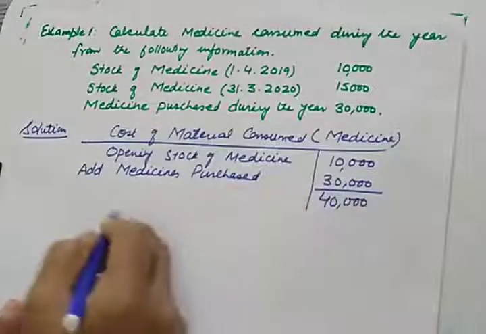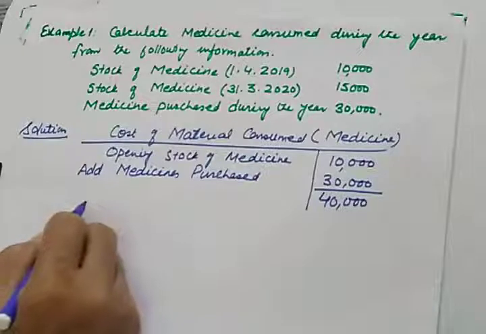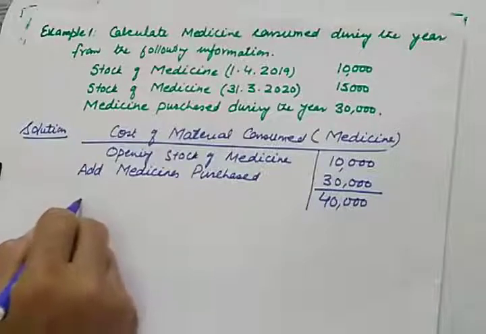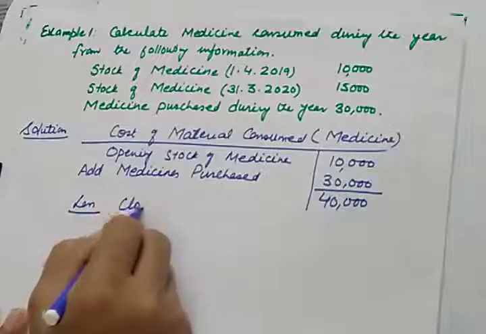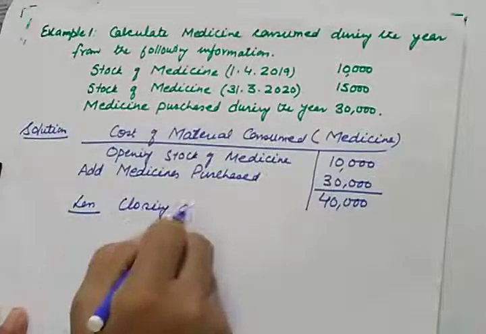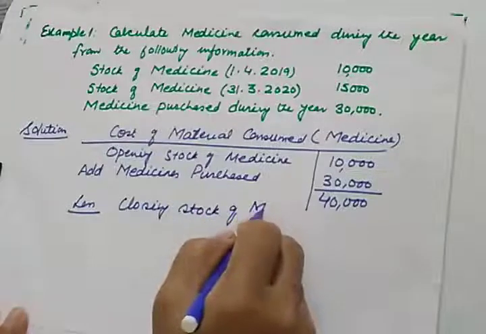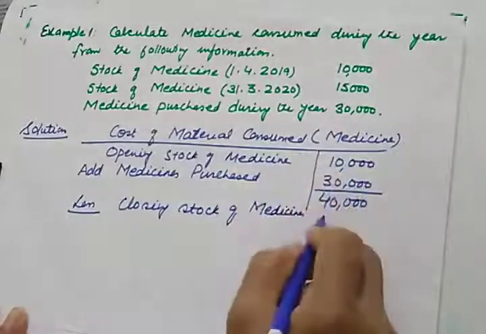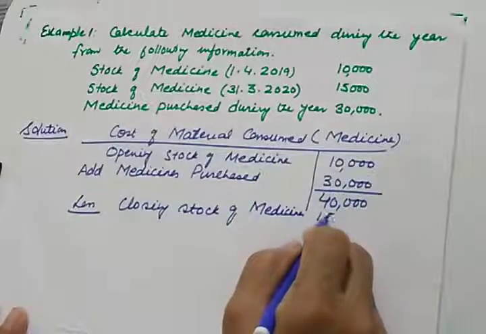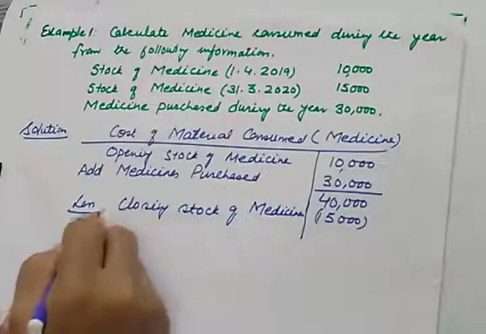And out of this, how much medicine is used by us? So from this we'll be deducting the closing stock of medicines. The closing stock of medicines is 15,000.